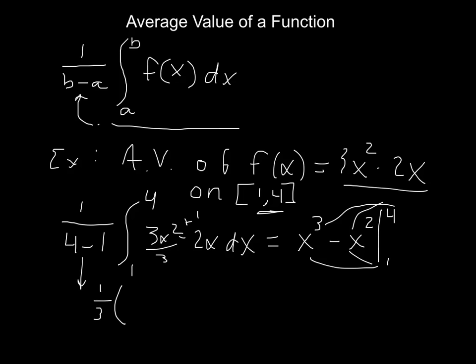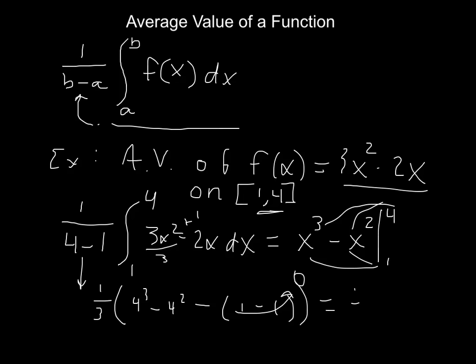So we would have 4 cubed minus 4 squared minus 1 cubed minus 1 squared. And as you can see, that goes to 0.